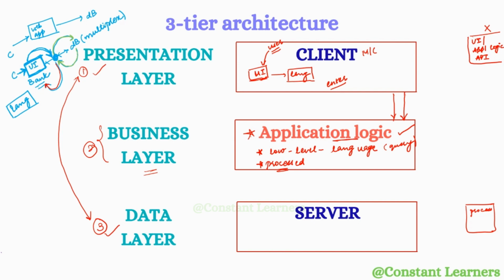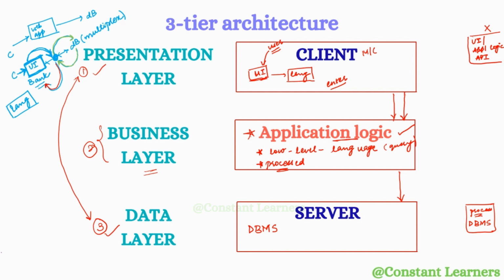Now, once the query has been processed, it is then sent to the data layer, right? Now, in the data layer, that is in the database server, in case of three-tier architecture, we only have the database management system, right? In two-tier architecture, the query was being processed in the database server, and then the database management system was performing the required task.